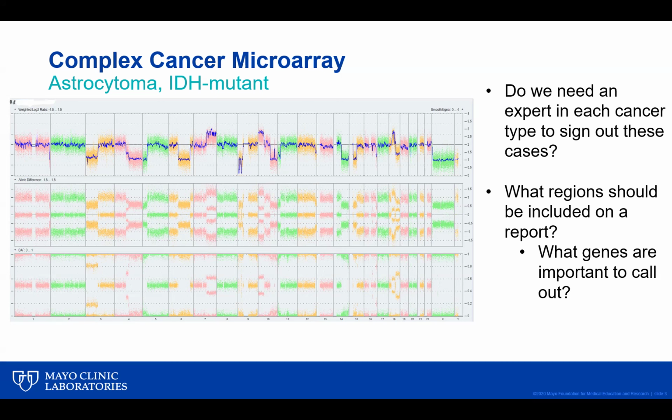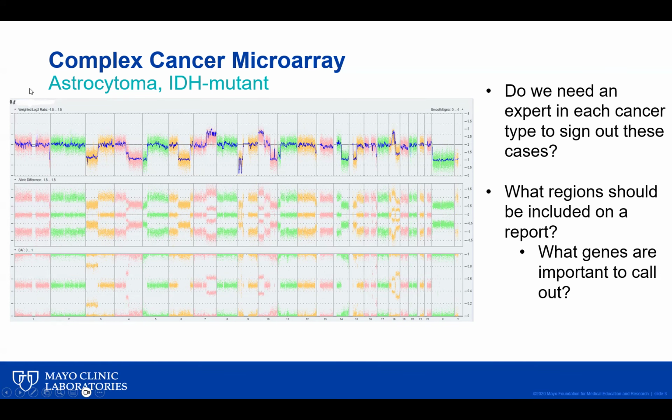So the gene list came about as a necessary tool to do this job so that we could make sure that we brought all of those genes to the forefront of the report, because a lot of times when you have a complex genome, if you just list all the abnormalities, the report ends up feeling kind of difficult to understand what the importance is or what are the important findings in this assay. So we need to know which regions should be included in a report and which genes to call out.